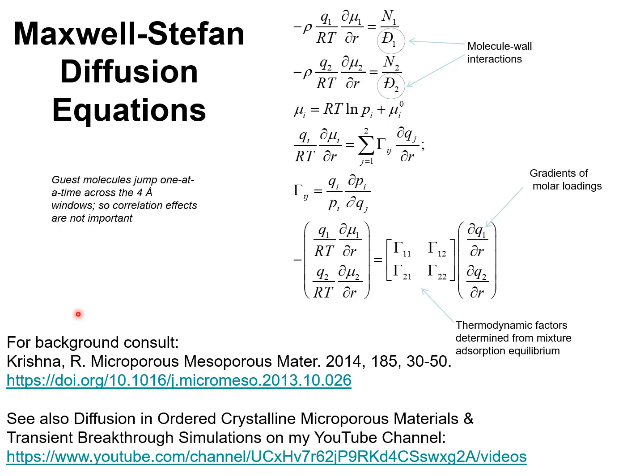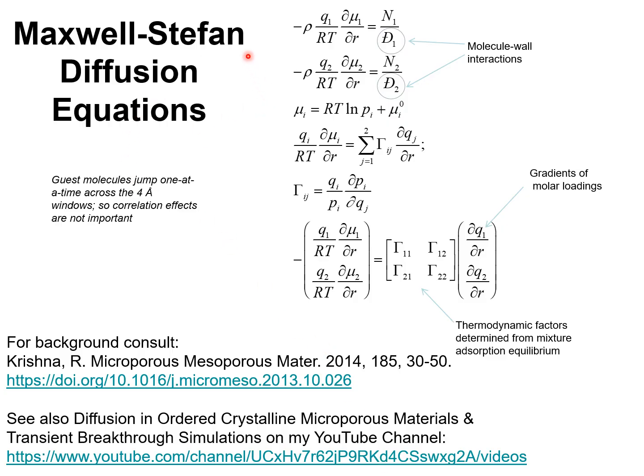For this situation, the Maxwell-Stefan diffusion equations can be applied in their simplified form, in which correlation effects are ignored. For background details on the Maxwell-Stefan diffusion model, consult my publication of 2014, and see also the video presentation, Diffusion in Ordered Crystalline Micro-porous Materials, on my YouTube channel.